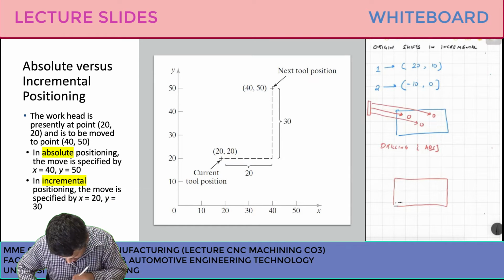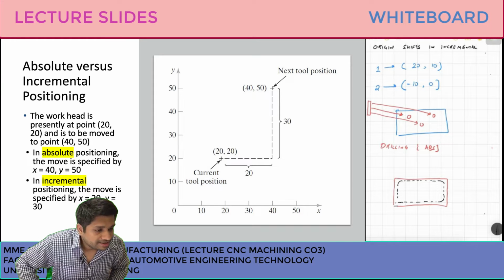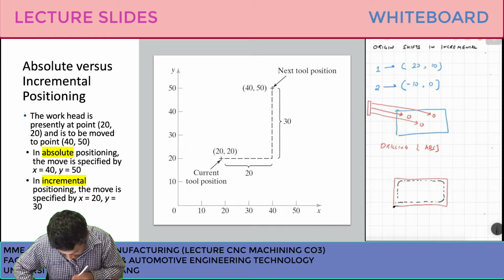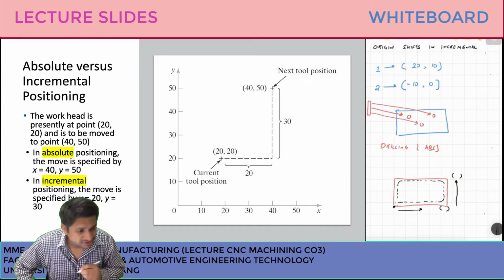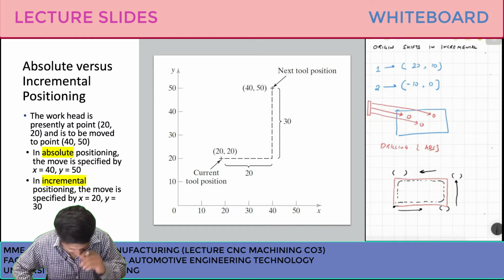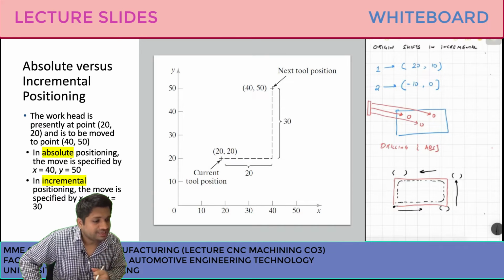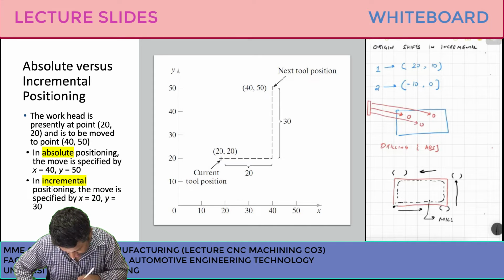Then I will use the incremental positioning system, where I first start from here, then I give the coordinates to go in this direction, then go in this direction with reference to the previous point, and then go in this direction with reference to the previous point. So the incremental positioning system is helpful and good for milling operations.